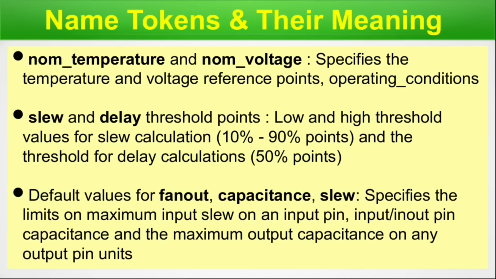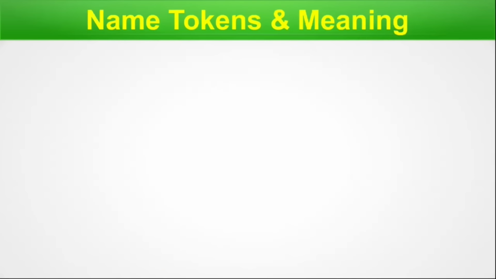Default values for fan-out capacitance and slew specify the limits of maximum input slew on an input pin, input and in-out pin capacitance, and the maximum output capacitance on any output pin. So these name tokens will also be there and from there you can interpret the values. So we are done with this slide. Let's move on. In this slide we continue further with some more frequently used name tokens and their meaning.